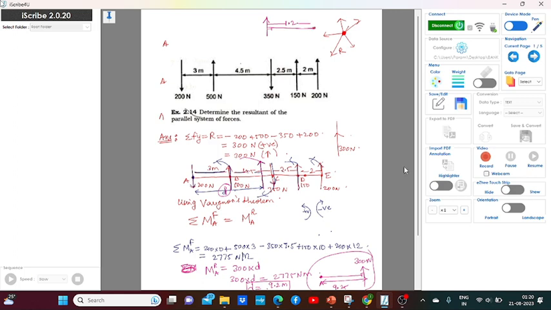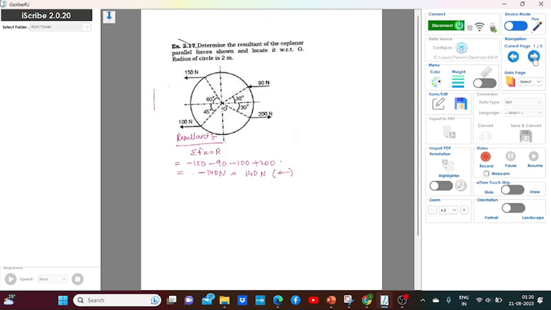But in this particular question, it becomes difficult to imagine. If this is the force, then what will be the perpendicular distance? Where am I supposed to take the moment?